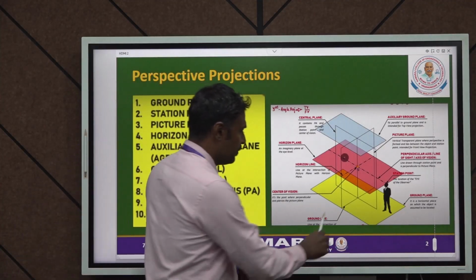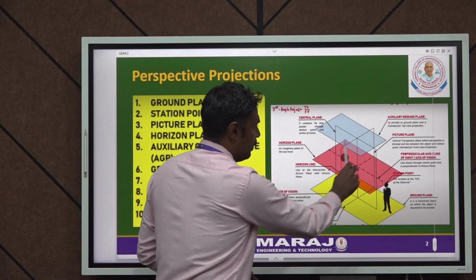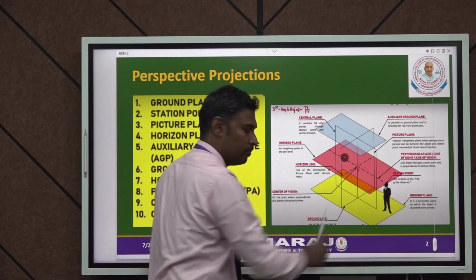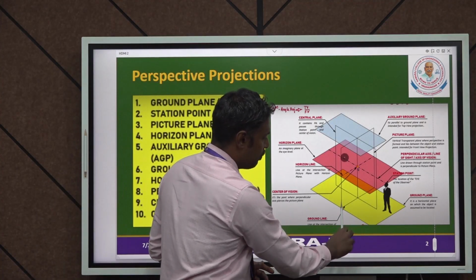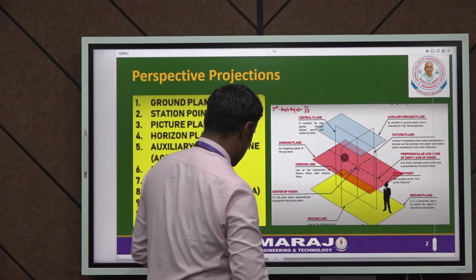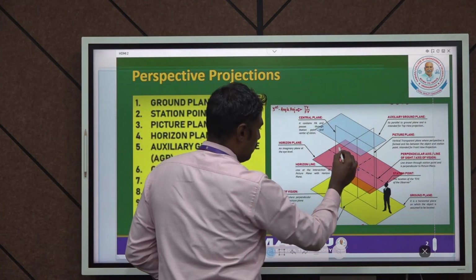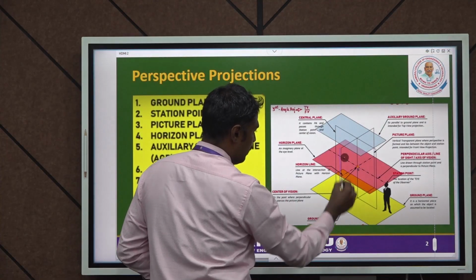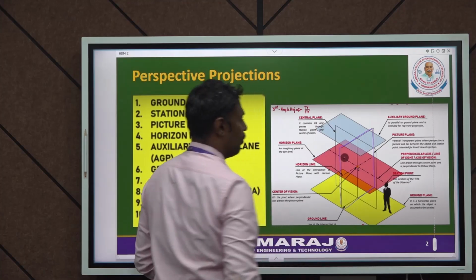This is a very important plane. The plane which is perpendicular to the yellow color plane is known as the picture plane. See, this is the yellow color plane, and this plane is perpendicular to it.